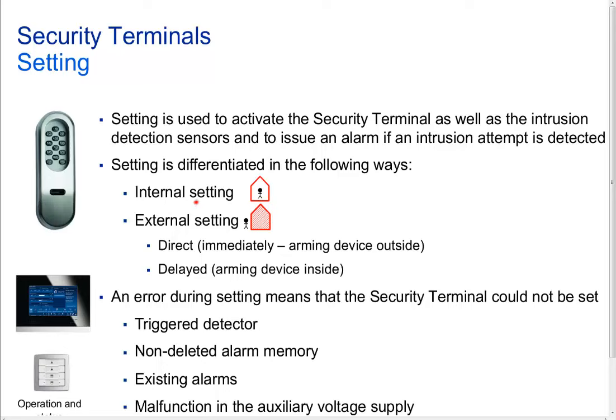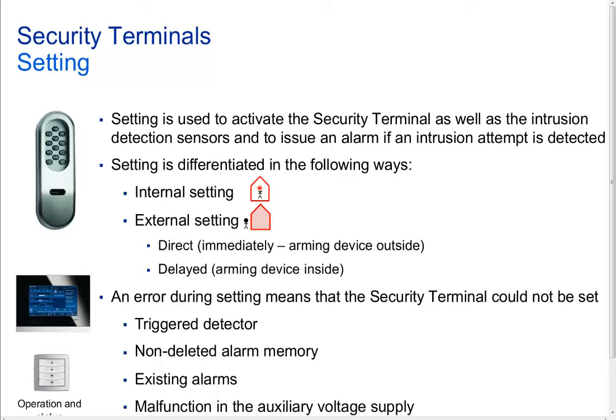Normally, we distinguish between internal and external setting. What does it mean? Internal setting means you're still in your home during the night, for example, and you will not activate all sensors in such a case. Motion detectors, if available in your house for security, will not be enabled. Otherwise, you are not allowed to walk around during the night anymore without causing an alarm.